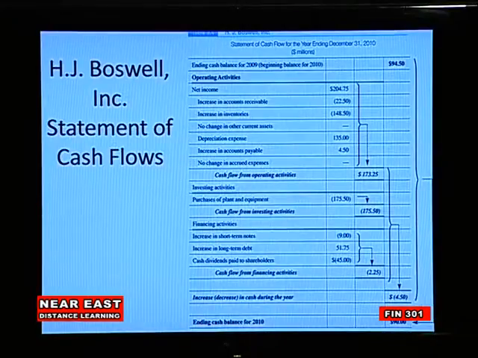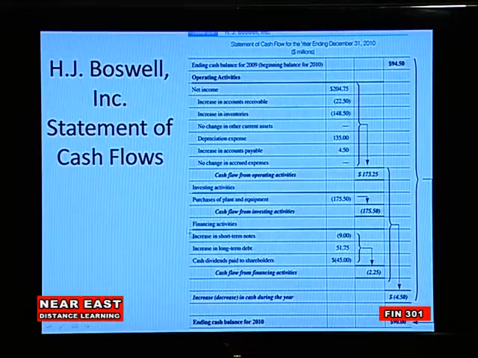To solve this example, we will start with the ending cash balance in 2010. After that, we will calculate operating activities, including net income, increase in accounts receivable, increase in inventories, and depreciation expenses to arrive at net cash flow.